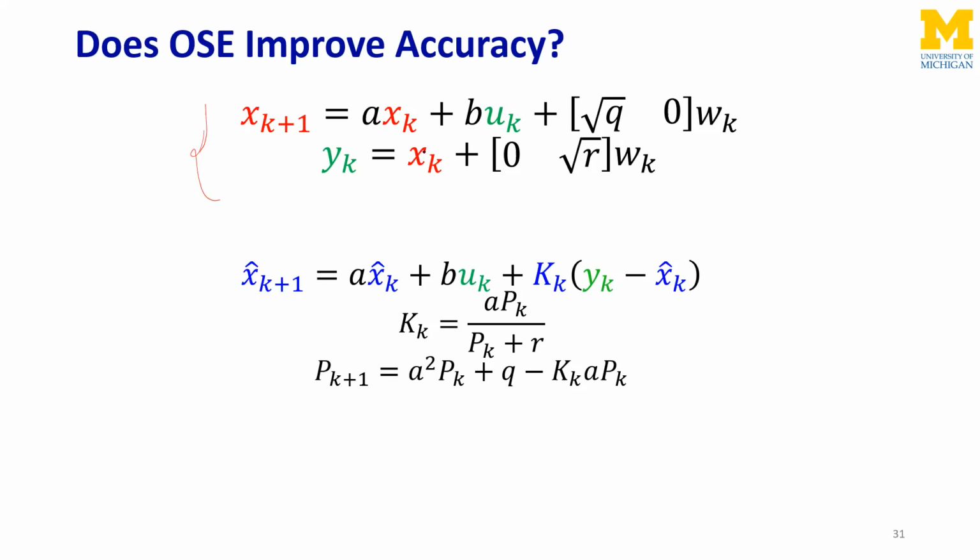The special thing here is that the C matrix is 1, which means I'm actually measuring the entire state. Well, the state is just a scalar. So we are measuring the state, but we have noise corrupting that measurement, and the covariance of that measurement is given by R.